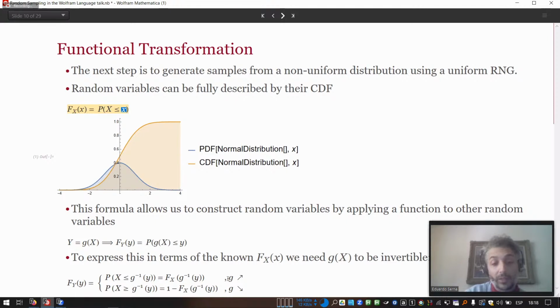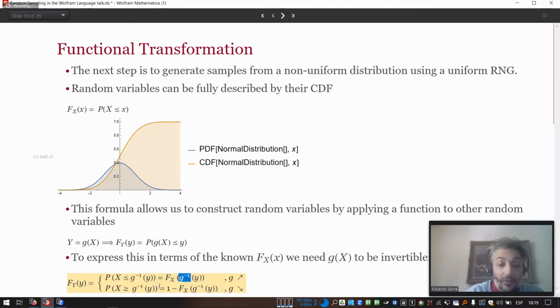For g to be invertible, it has to be either strictly increasing or strictly decreasing. There are two possibilities. If it's strictly increasing, then the inequality doesn't switch sides, and we get that the CDF of Y is the CDF of X evaluated at g minus 1 of y, the inverse of the g transformation.